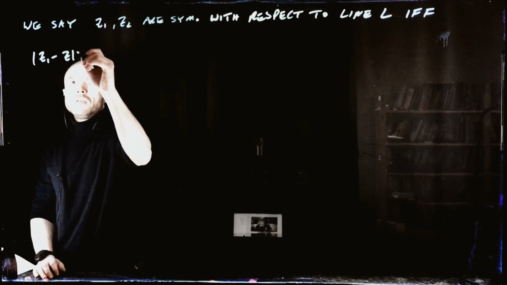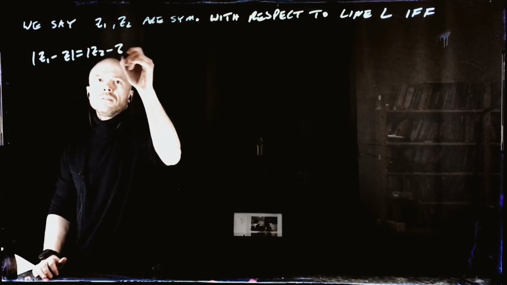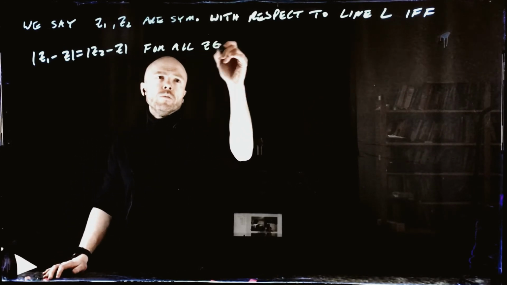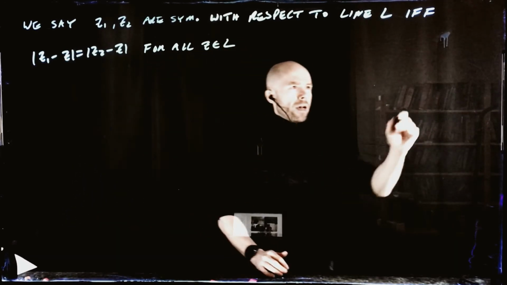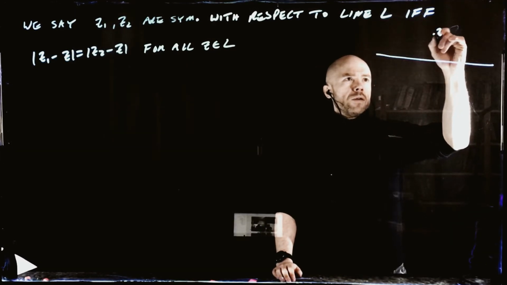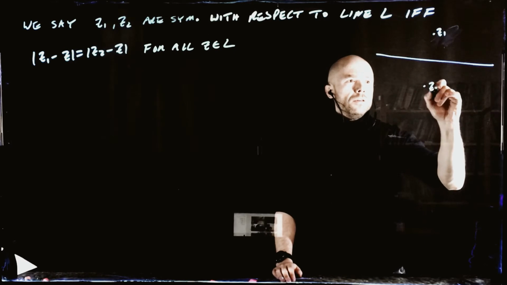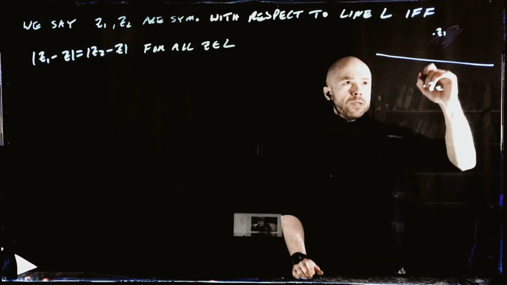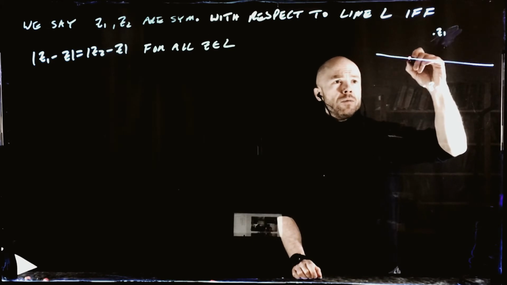the distance from Z to Z1 equals the distance from Z to Z2, for all Z belonging to the line. So if we have a line, wherever it is in space, we have 2 points, Z1 and then Z2, then having them be symmetrical with respect to the line, I mean, there are many equivalent definitions you can give, but this one's perfectly good.